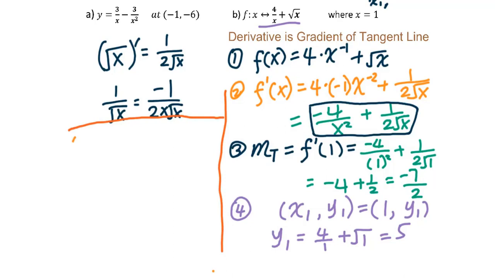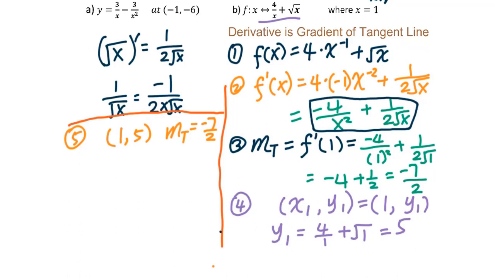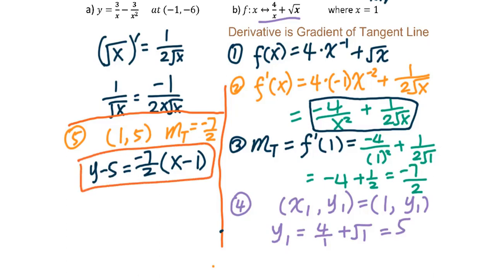Since we already got x1, y1, that is 1, 5. Then the slope of a tangent line is negative 7 over 2. Therefore, we can write down the equation of a tangent line: y minus 5 equals negative 7 over 2 times x minus 1. This will be the final answer for B.